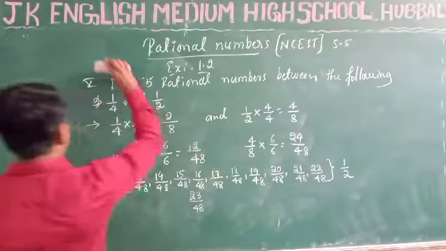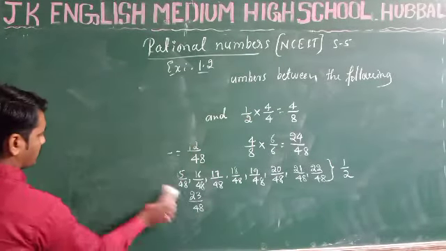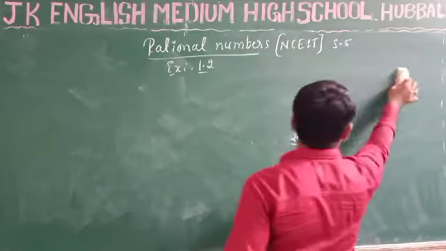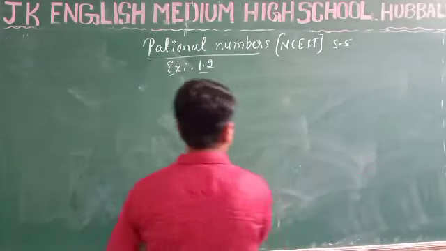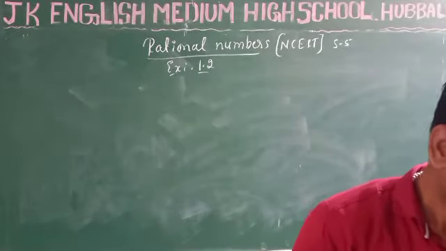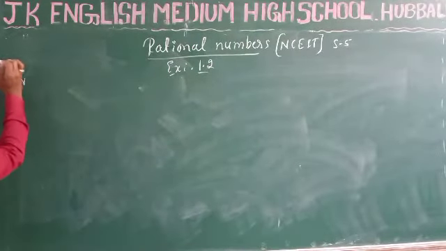Okay. Now I will go to the sixth main. The sixth main is: write the rational numbers.